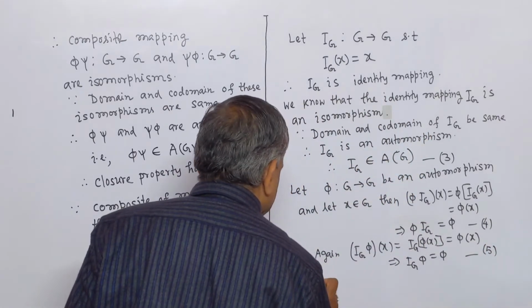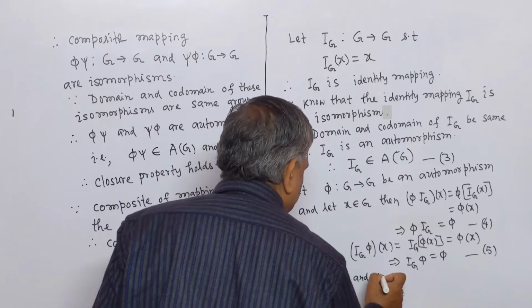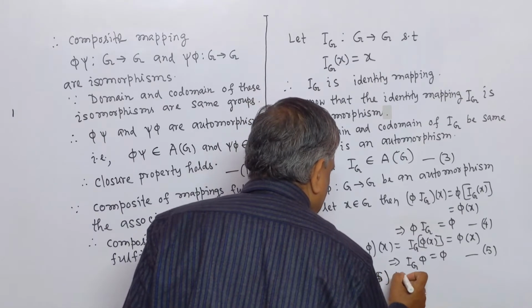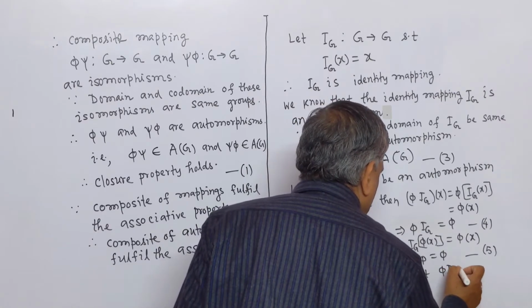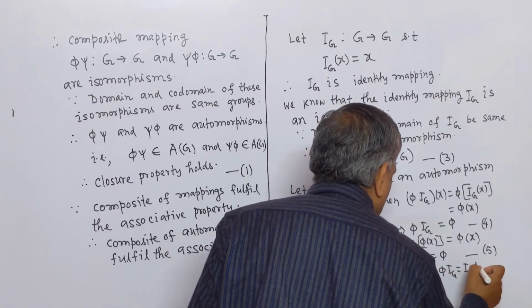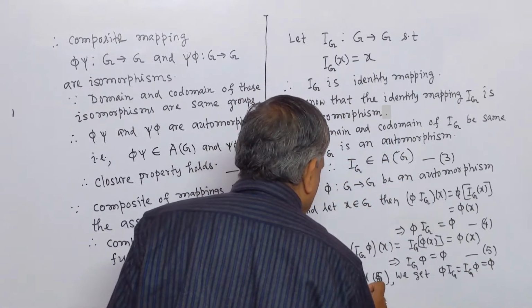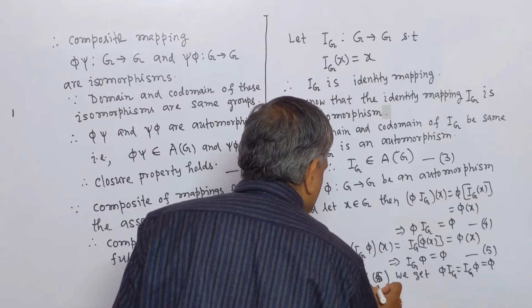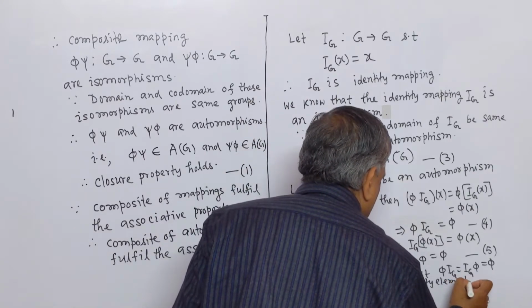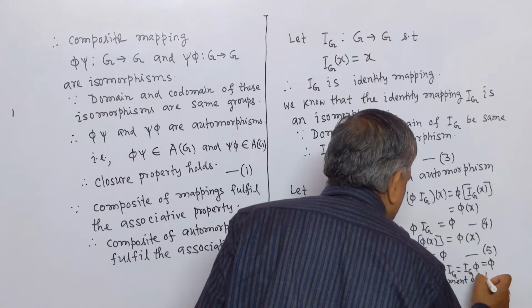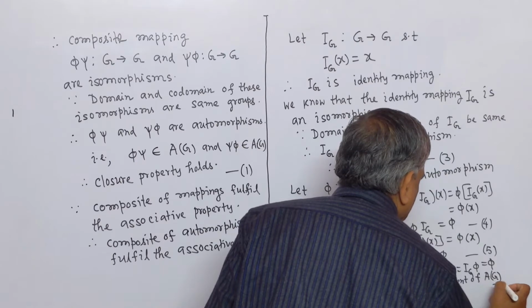From 4 and 5 we get phi Ig equal to Ig phi equal to phi. Therefore Ig is the identity element of AG. This is number 6.